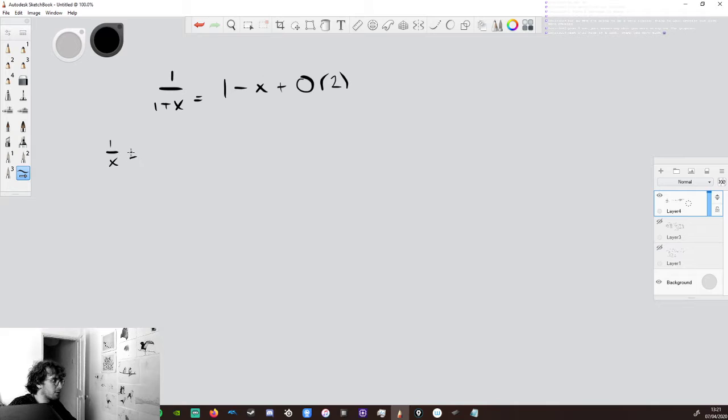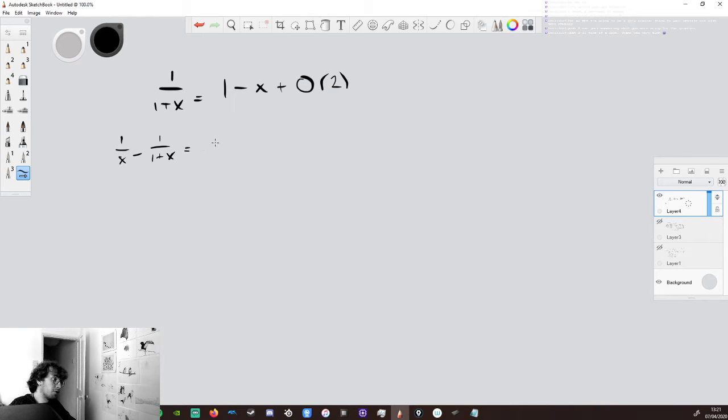So 1 over x is, I think we can write it this way. No, other way around. 1 over x plus 1 over 1 plus x. Does that give us anything useful? Oh wait, 1 over x minus 1 over 1 plus x.